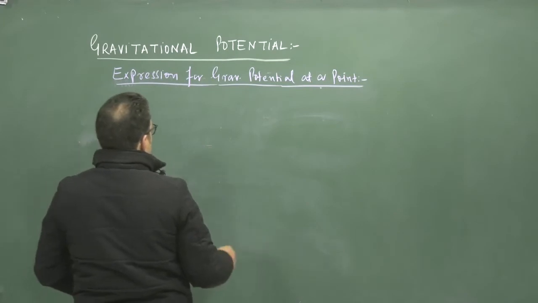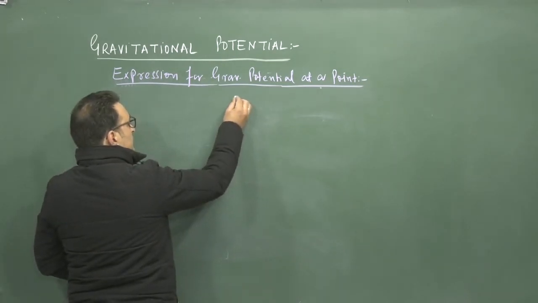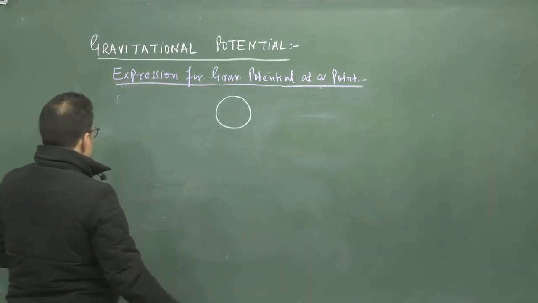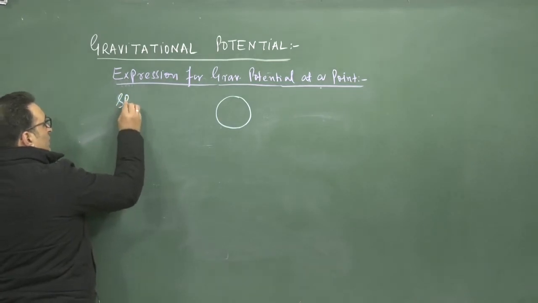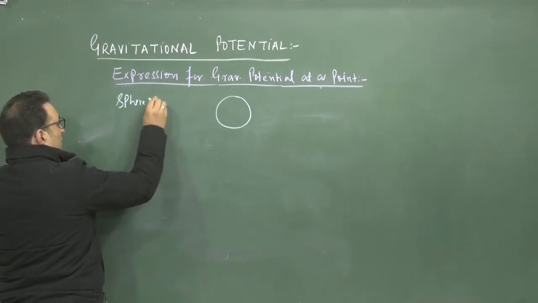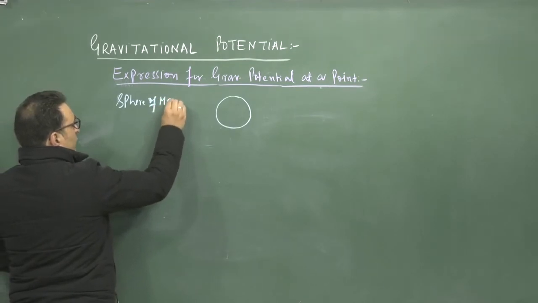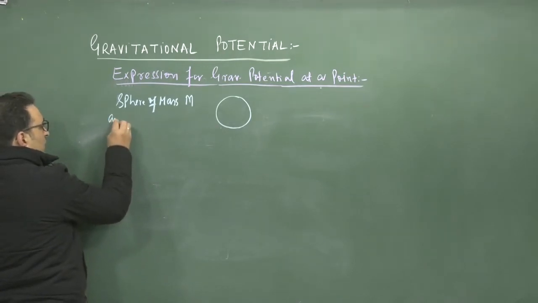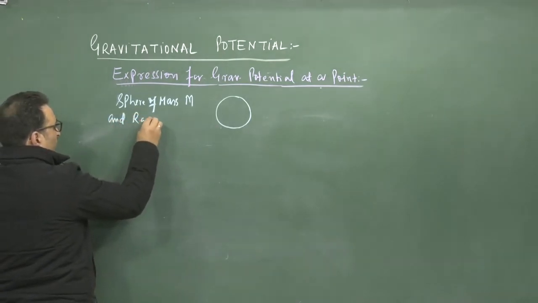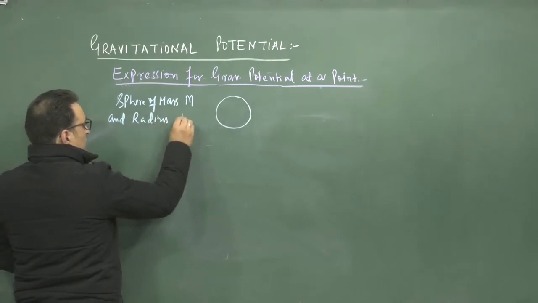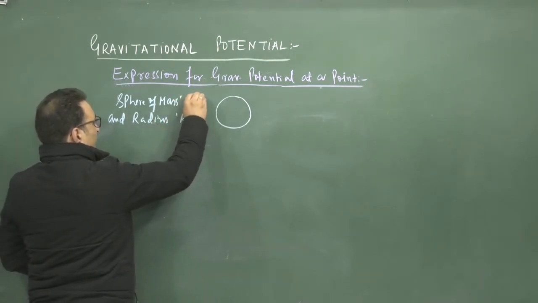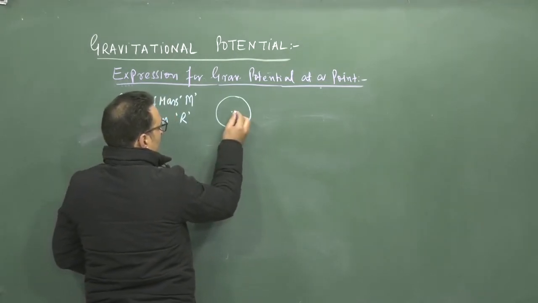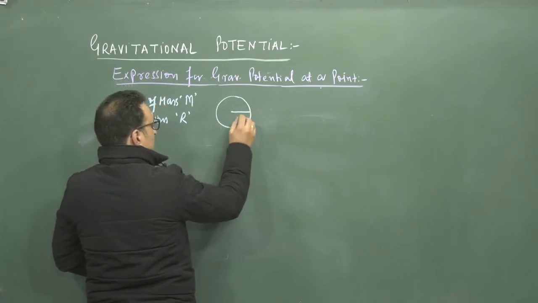For that, let me consider the Earth to be a sphere of mass m and radius r. Now this is the Earth with a radius r.